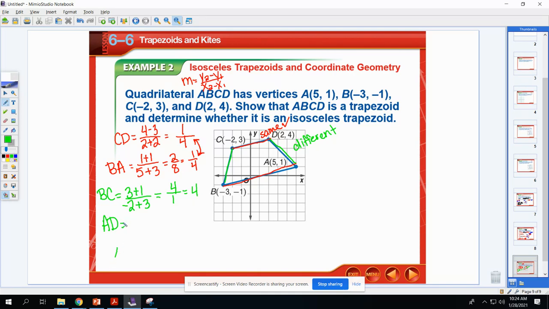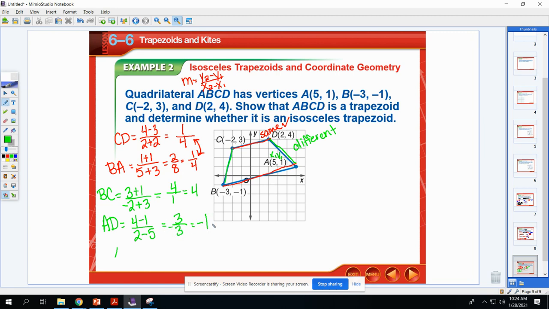Now for AD. I'm going to make A my x1, y1. So starting with D, y2 is 4 minus y1 is 1, and x2, 2 minus x1, which is 5. So when we reduce this, 4 minus 1 is 3, and 2 minus 5 is negative 3.